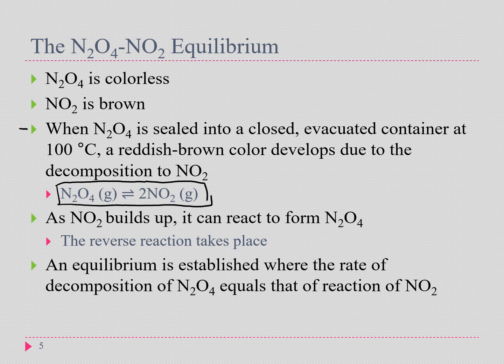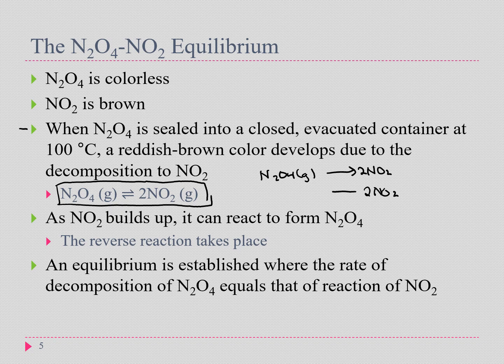What is happening is that the N2O4 is decomposing, right? It is going to decompose to form nitrogen dioxide. But as the nitrogen dioxide starts to build up, some of those nitrogen dioxides can then collide with each other. Remember those collisions that we saw from the previous chapter.